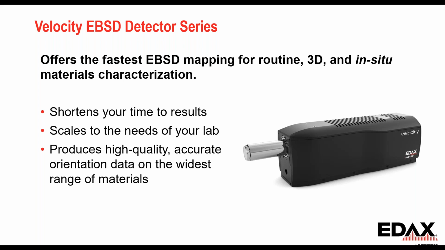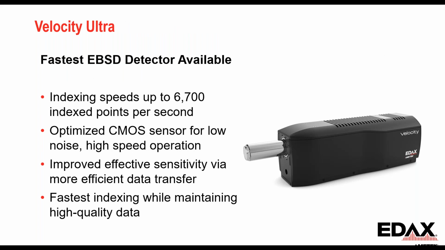It can scale to the needs of a lab, and regardless of which camera in the series, it produces high quality, accurate orientation data on a wide range of materials. So we've had this series for a few years now, and this year we've introduced the Velocity Ultra, which is the fastest EBSD detector available. It provides live indexing speeds up to 6,700 index points per second.